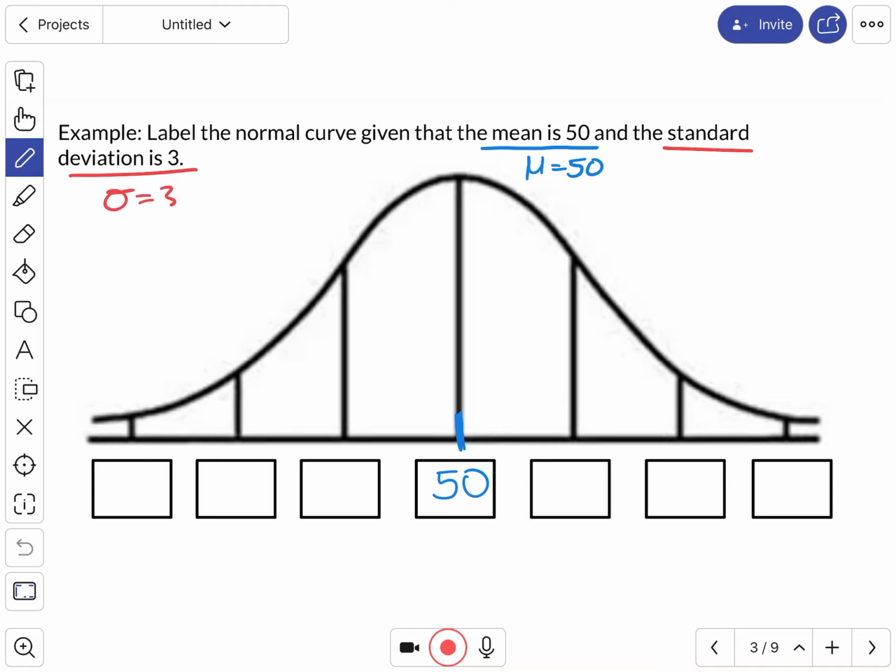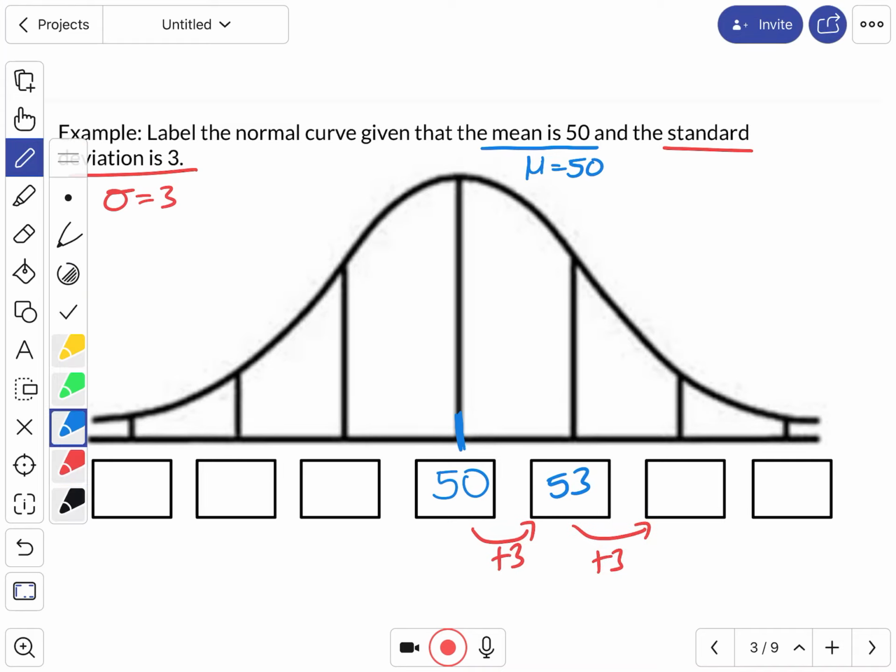And so what that means is you're going to add 3 to get the next value here. If you're filling in this box, the value in that box is going to be 50 plus 3, which is 53. And then the next value will be adding another 3, which is 56. And another 3, which is 59.